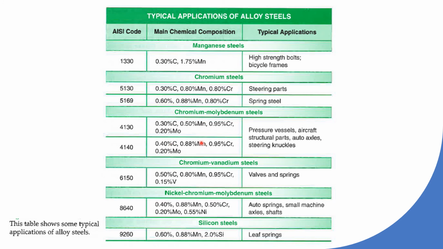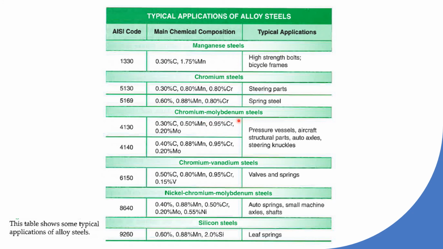This table shows some typical applications of alloy steels. Where do we use them? Manganese steels, this is the composition, and we use them in bicycle frames and high strength bolts. Chromium steels, we use them in steering parts and springs.